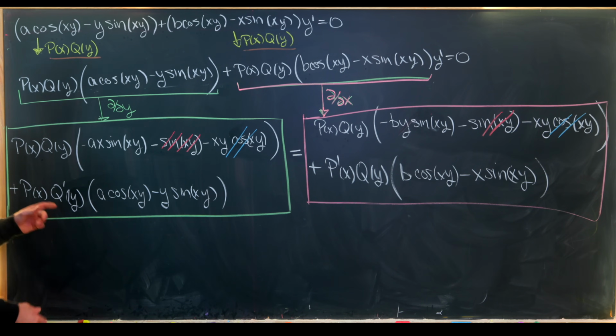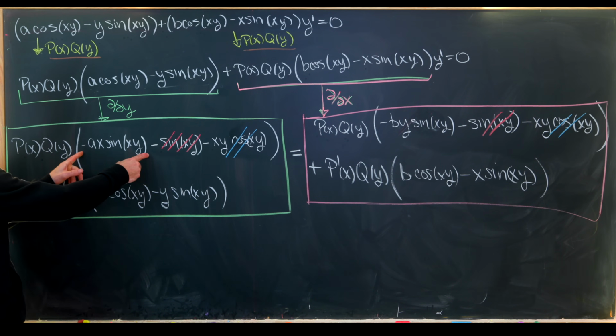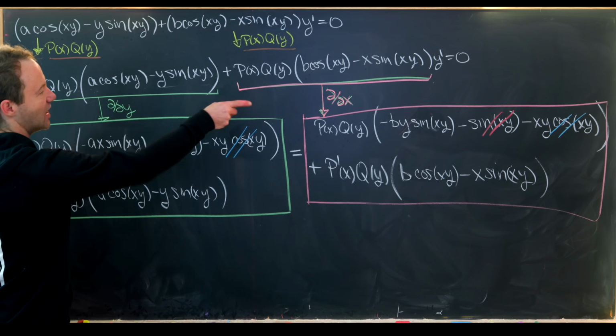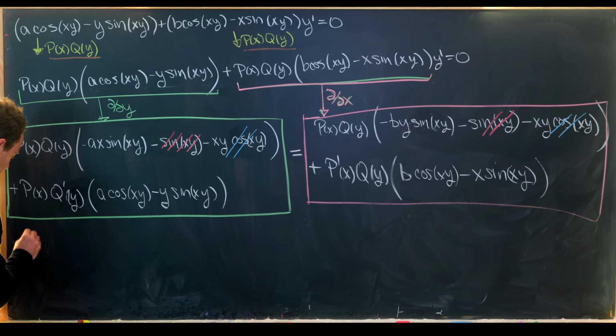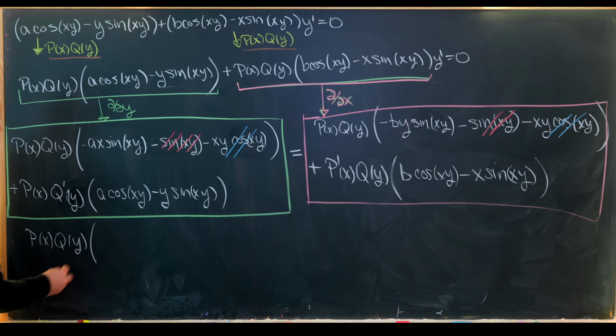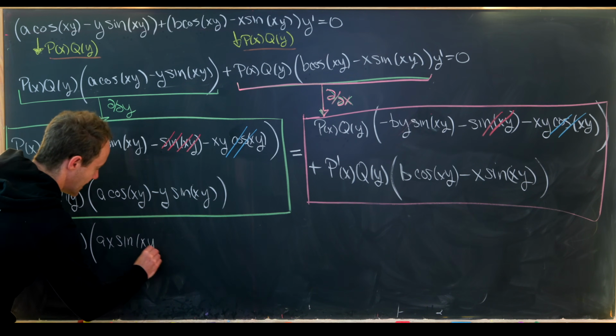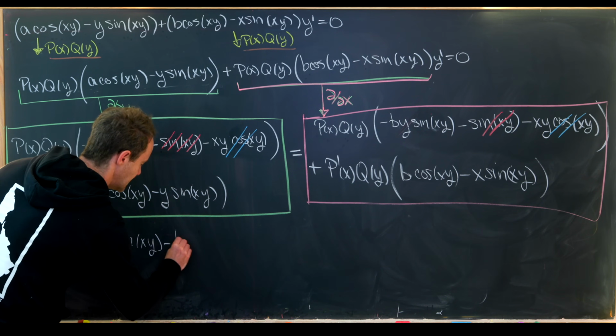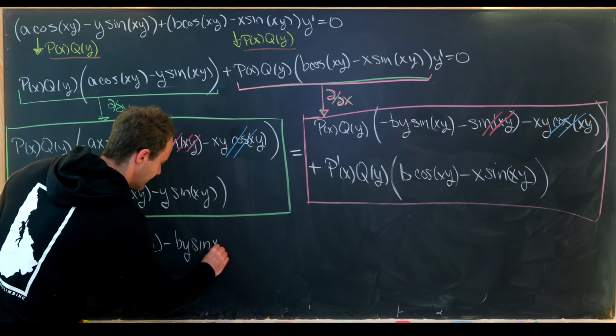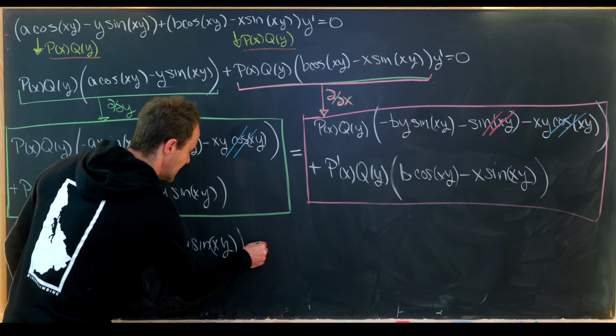So what I'll do is move this p times q times ax sine xy to the other side of the equation. So that'll leave me with p of x times q of y, and then we'll have ax sine of xy, and then minus by sine of xy equals.